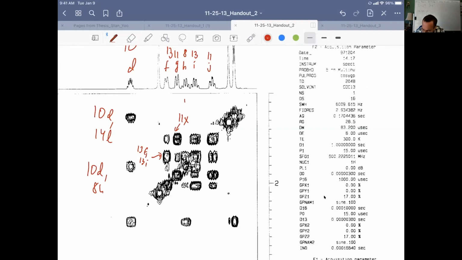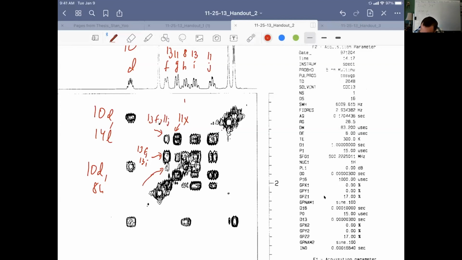But then we get some things that are useful, like this over here is 13F cross 11J. And this may be a little harder to discern, but fortunately we get the same information. Actually, no, I take that back.